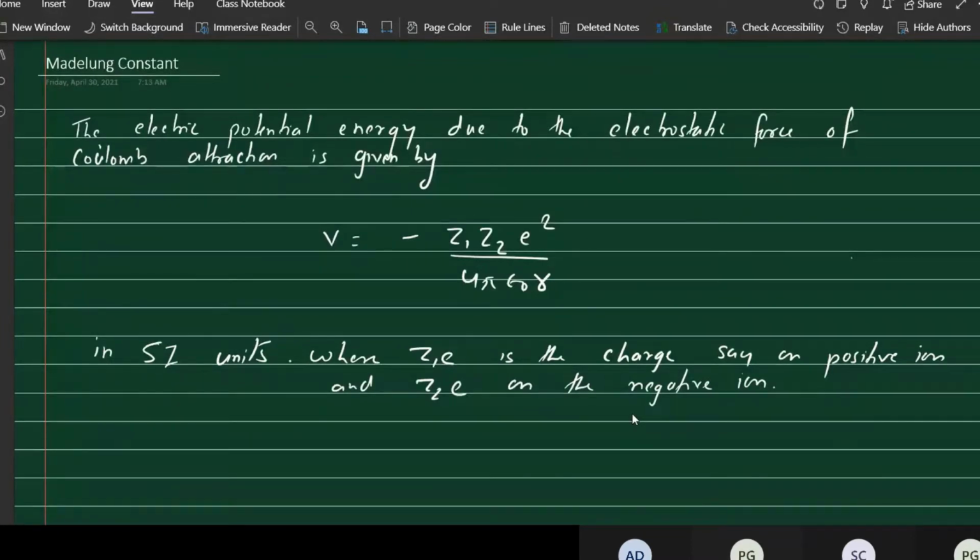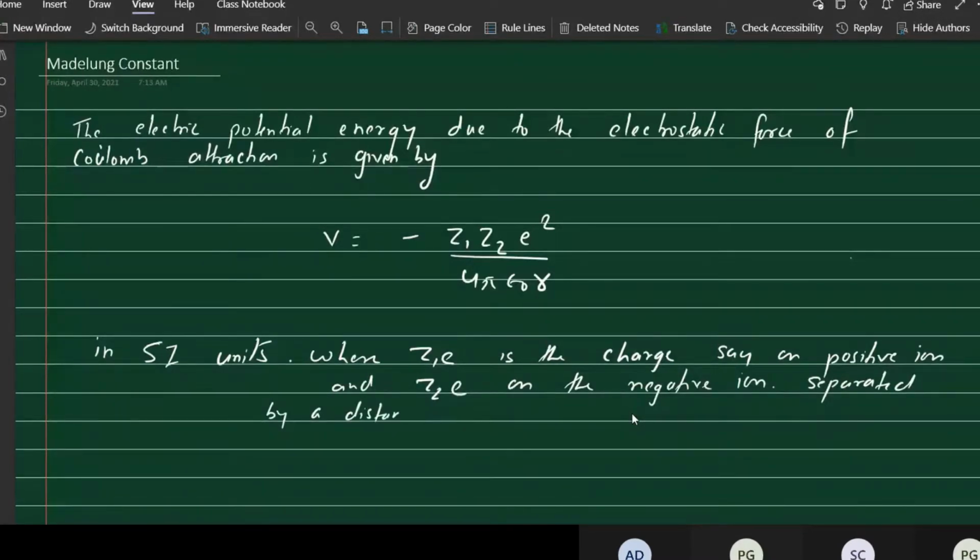And the above expression is the potential between the two positive and negative ion. And these are separated by a distance r.